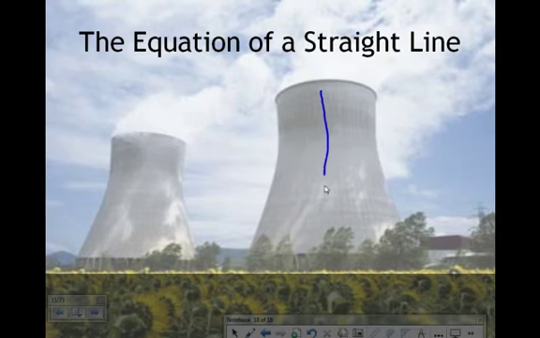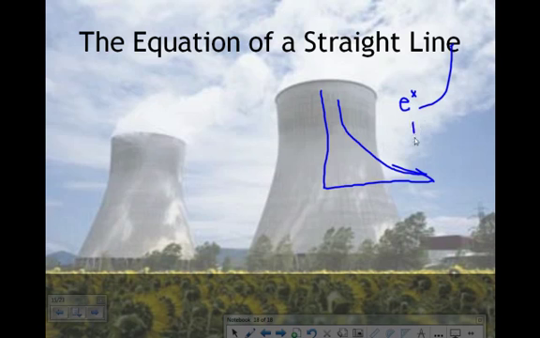Of course, we did not have a straight line. We had decay. Well, you get the picture. It's like exponential growth, where we have e to the x, only it's the opposite. Growth is increasing exponentially. Decay is decreasing.